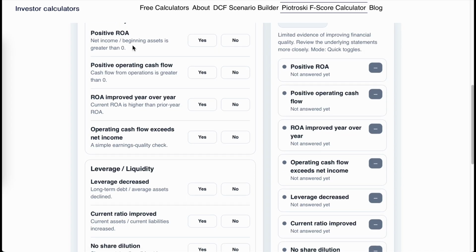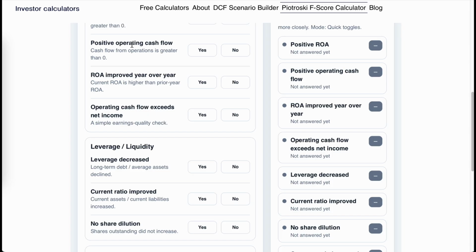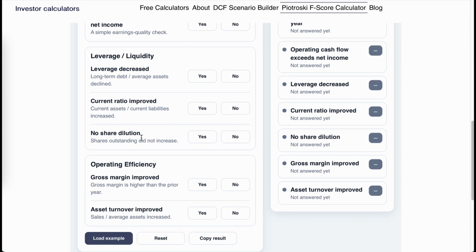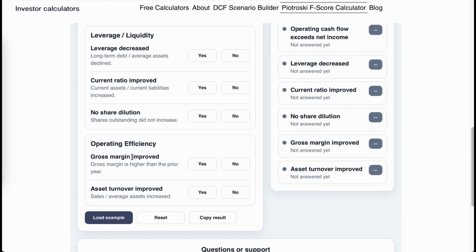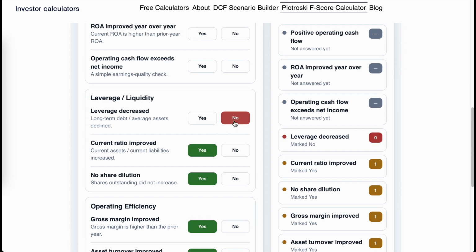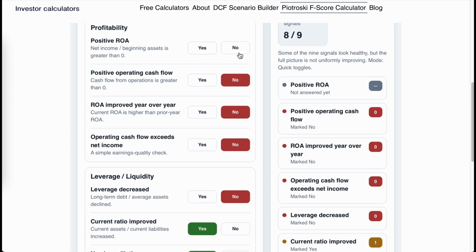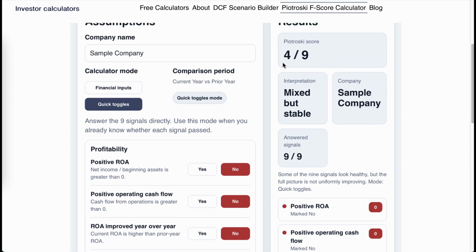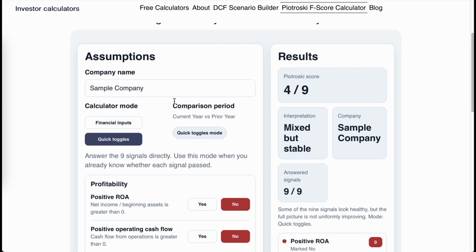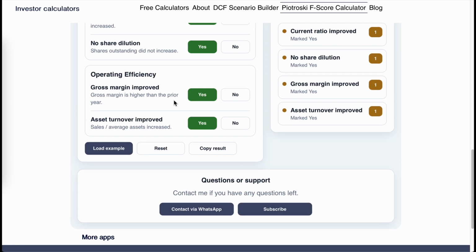If it has a positive operating cash flow, you can answer the leverage question, if there was a share dilution, new share issuance, if the gross margin improved, yes or no. And if I put 4 yes and 5 no, in this case, we see that the Piotroski score is 4 out of 9. It says mixed but stable. You can name the company here, but I'm leaving this field blank as a sample company for this example, not to make this video very long.